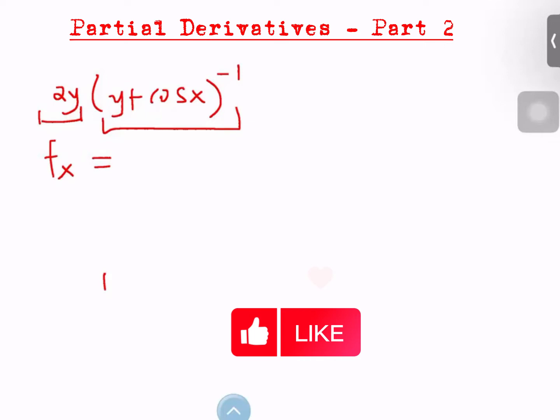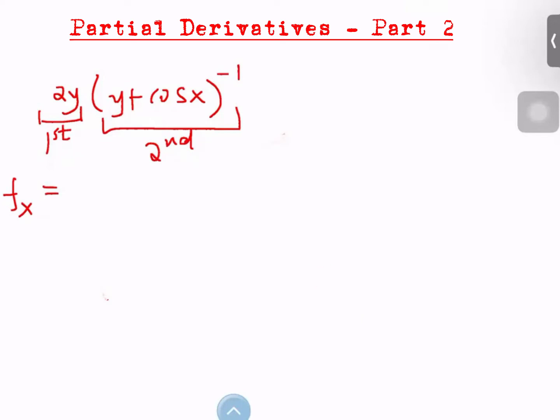So when we differentiate 2y with respect to x, we don't have any x there, and therefore that one will automatically be a 0. Why? In 2y there is no x, but we can introduce an x, and it must have a power 0, because remember, anything raised to power 0 is equal to 1.